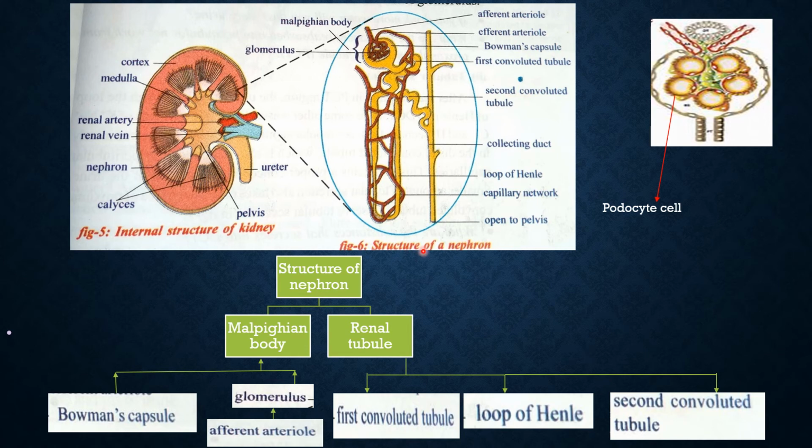So this is the PCT, this is the loop of Henle, and that is the DCT. So three parts are there in the renal tubule.